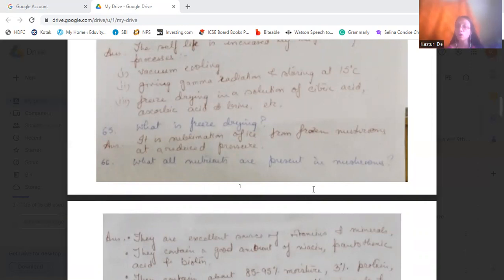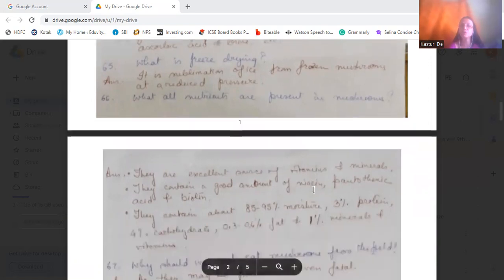What nutrients are present in mushrooms? Mushrooms are a source of vitamins and minerals. They contain a good amount of niacin, pantothenic acid, and biotin.